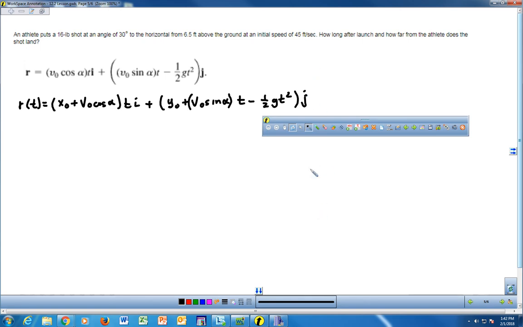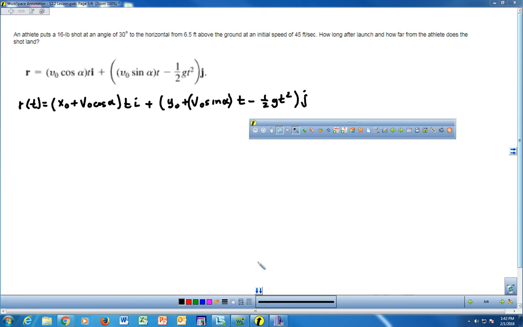Okay, so let's go ahead and continue. Just one little thing on this x of 0. That's separate from the t. All of this is my i component, but the t just goes along with my horizontal length that is calculated by the magnitude times cosine of alpha.